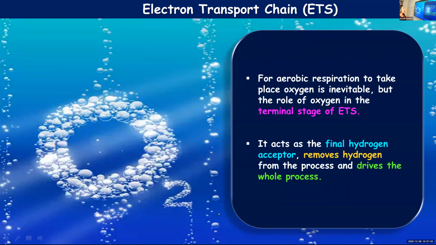It's the final hydrogen acceptor. Towards the end, the hydrogen is accepted by the oxygen atom, removing hydrogen from the process. Hydrogen combines with oxygen and produces a water molecule.